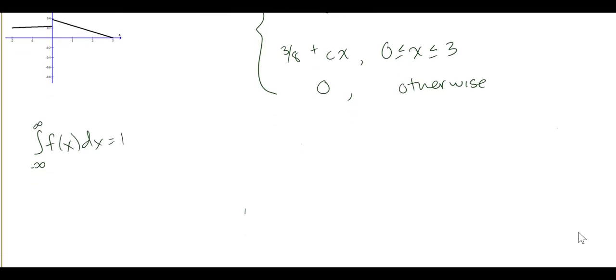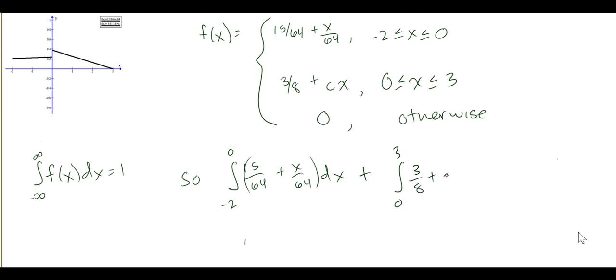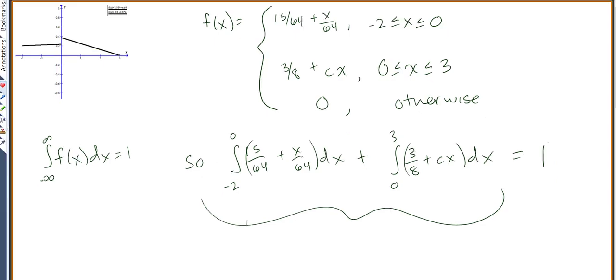So when you integrate this, you're going to say, okay, I integrate from negative 2 to 0, 15 over 64 plus x over 64 dx, plus, and then I'm going to integrate from 0 to 3, the 3/8 plus c x dx. All of that has to equal 1. So you need to integrate two different things, and when you add them together, that should equal 1. So again, that's the only difference with having your two functions, is that you will have to integrate both of them separately. So now we just have to actually go through and integrate it.